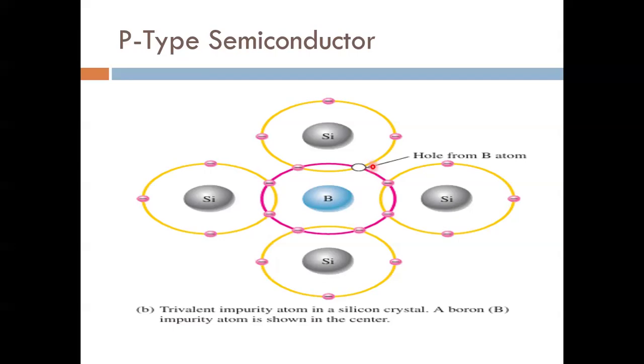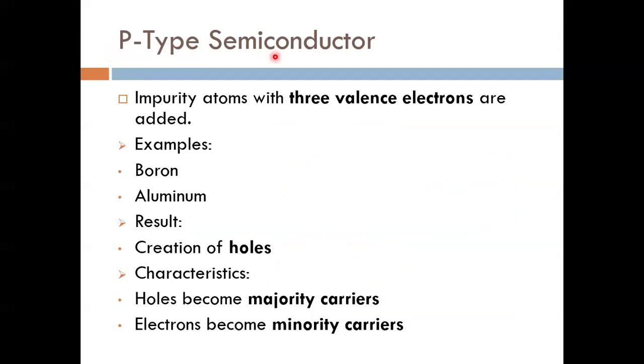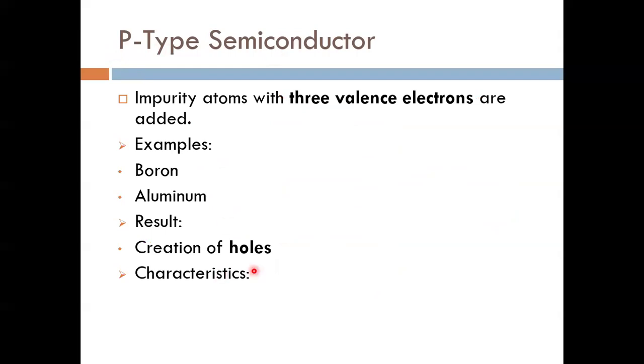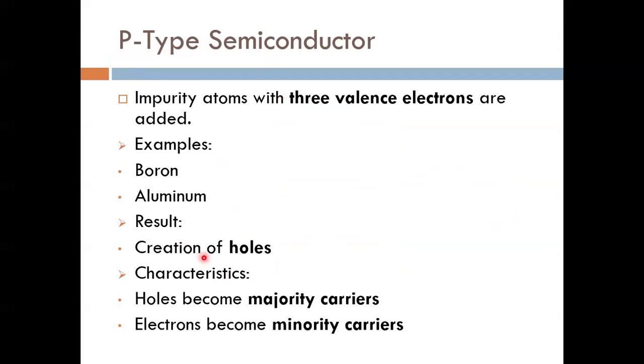And when we say hole, that means absence of an electron. This is treated as positive charge. And thus, the material that is formed is called P-type semiconductor. So as a result, holes are created. If we talk about characteristics, of course, here holes are the majority carriers. Electrons are again minority carriers.